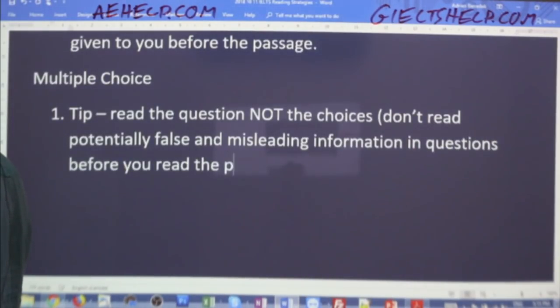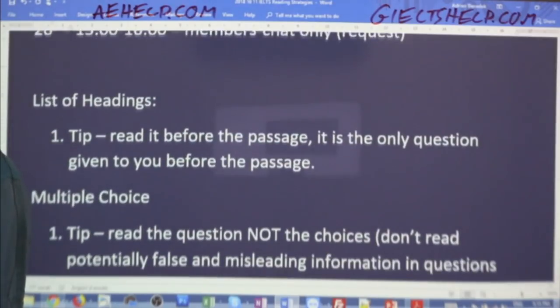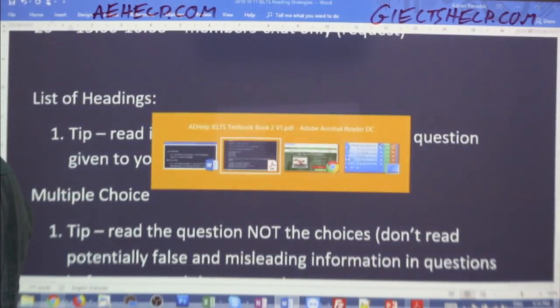Okay, again, as I've said many times before in previous lessons, the human brain is not a linear machine, so you can get confused if you do that kind of reading before the passage. Okay? So let's hop back here.